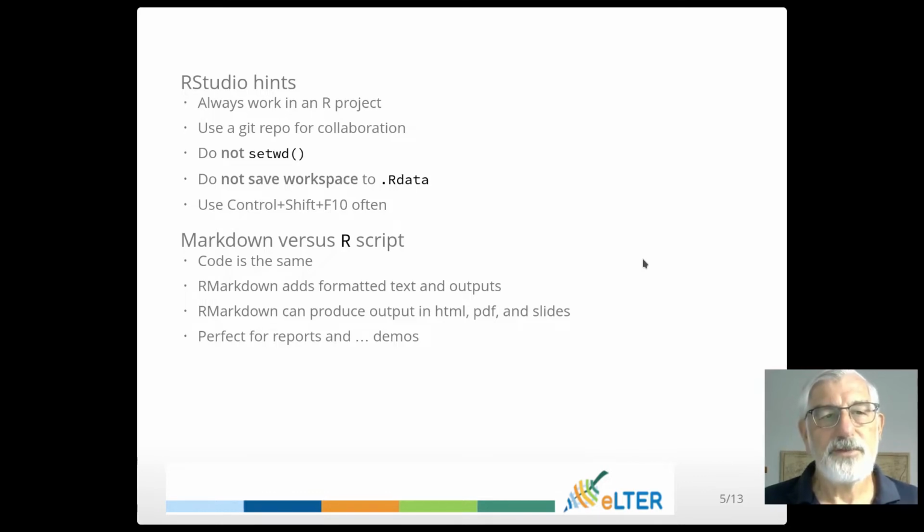And it's very easy to collaborate with colleagues. Now, when you work this way, all the problems of working directories and paths on different computers all go away. No need for working around with set working directory and all those workarounds.